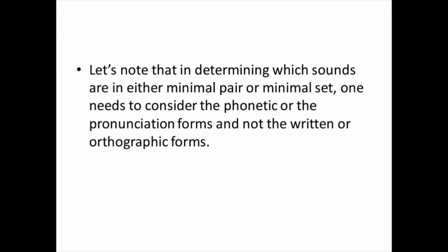And then if ka means something different from ta in tree, then you are now establishing the fact that t and k, which are the differences between the two words, are phonemes of the language. So you use minimal pair test to establish the phonemic status of each and every sound you have.